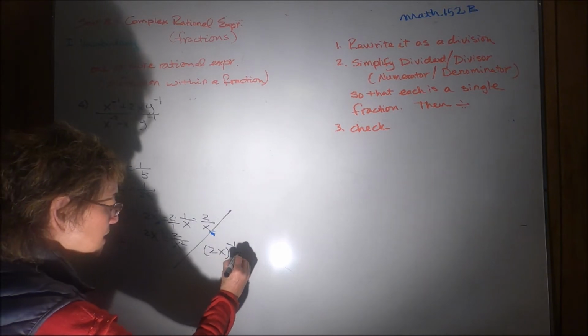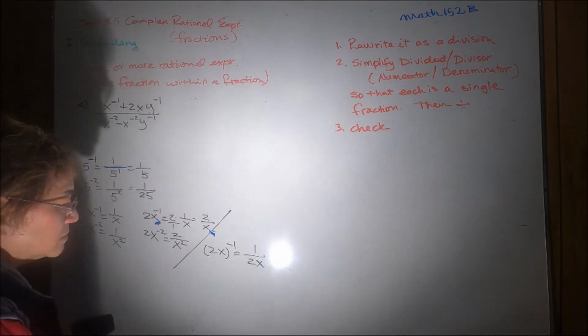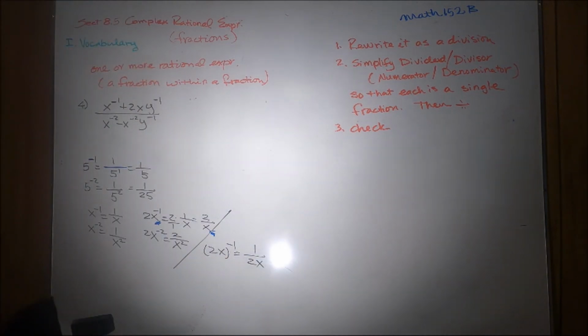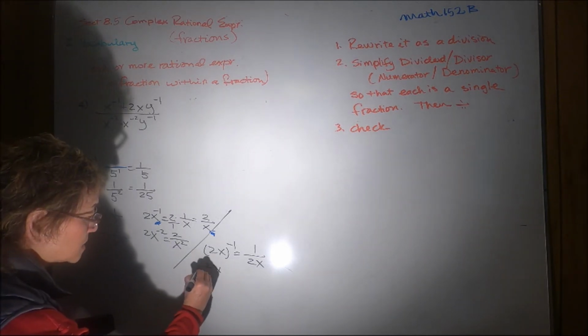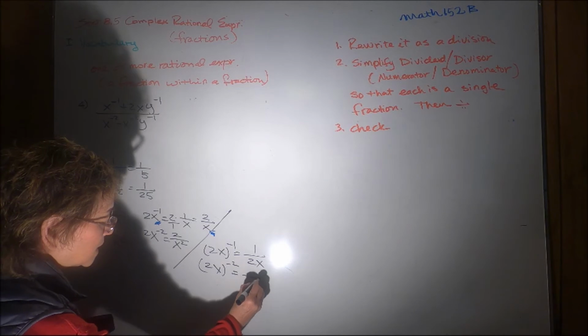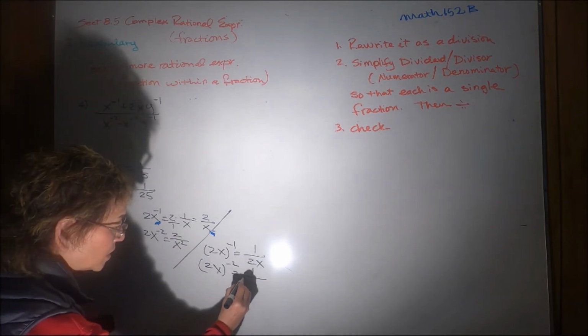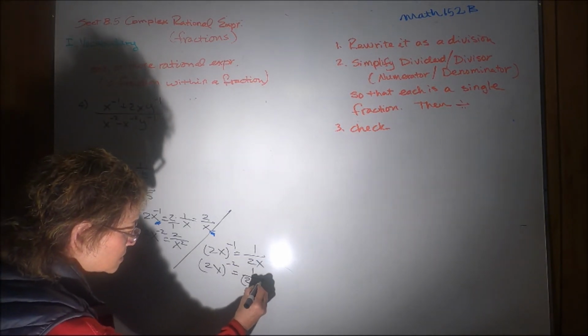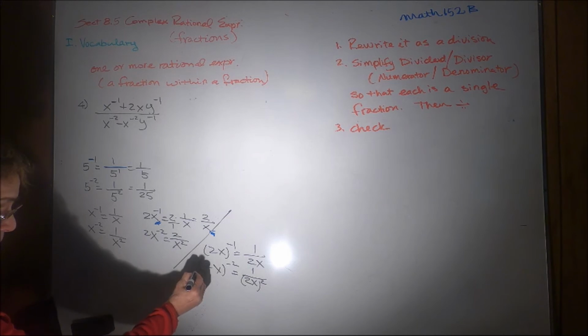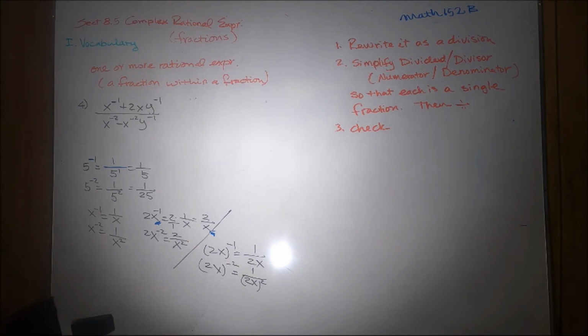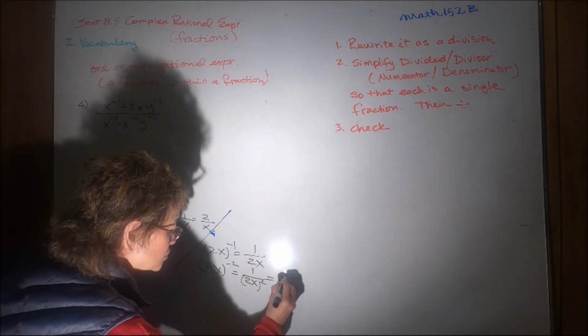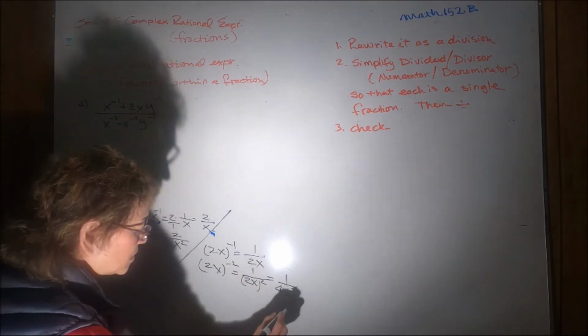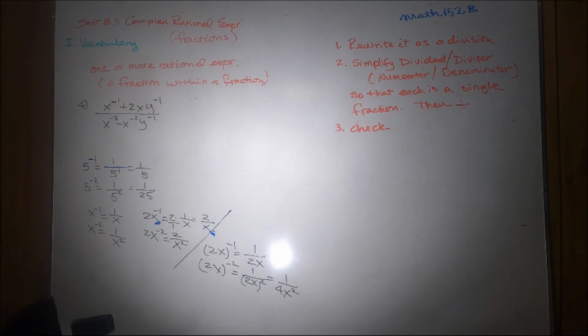So everything has to be reciprocal, right? That would be 1 over 2x. If you have (2x) to the negative 2, what do you think? It should be 1 over (2x) squared, right? Whole thing is the base, take the reciprocal. So the final answer should be what? 1 over 4x squared. Is that right?